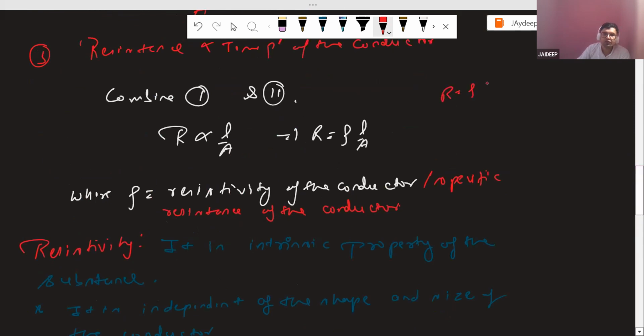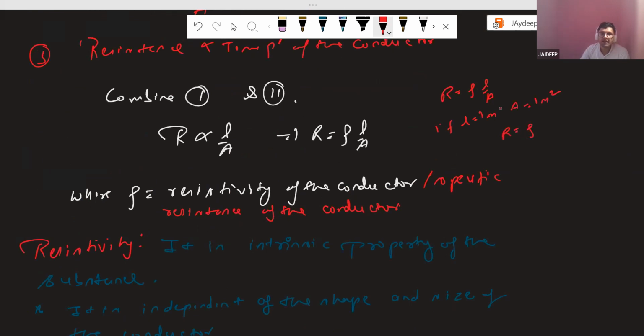R equals rho L over A. If L equals 1 meter and area equals 1 meter square, then resistance equals resistivity. It means if we take a wire of length 1 meter and area of cross section 1 meter square, then the resistance at that time is said to be the resistivity of the conductor.